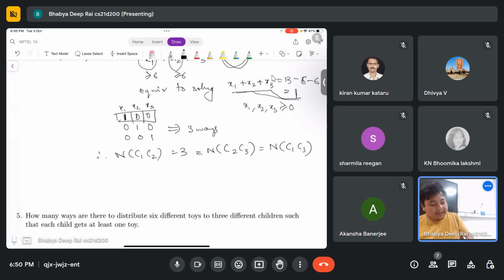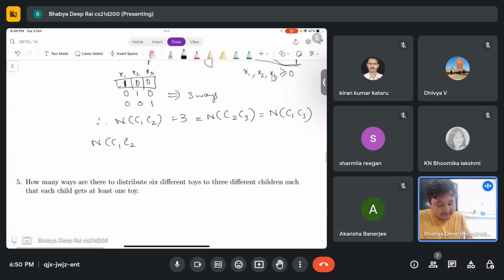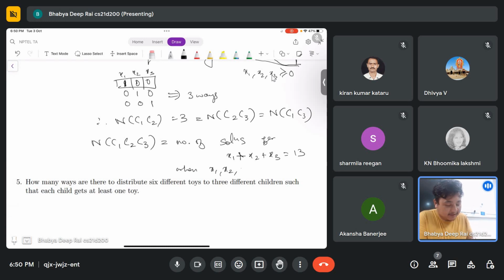Finally, n of c1, c2, c3 is the number of solutions for x1 plus x2 plus x3 equals 13, when all three of x1, x2, x3 are at least 6.